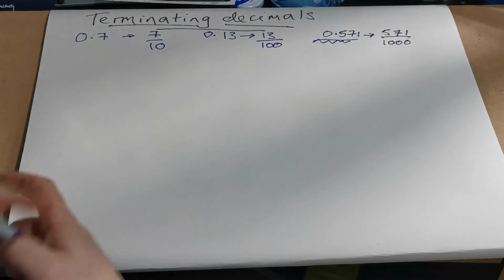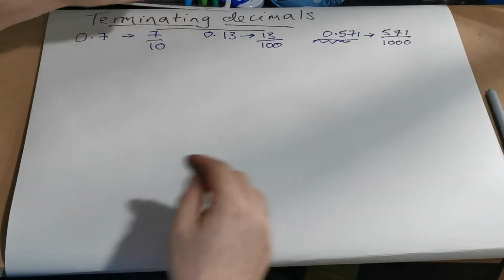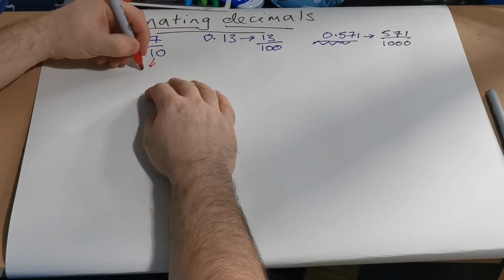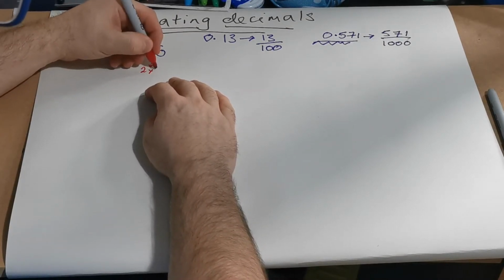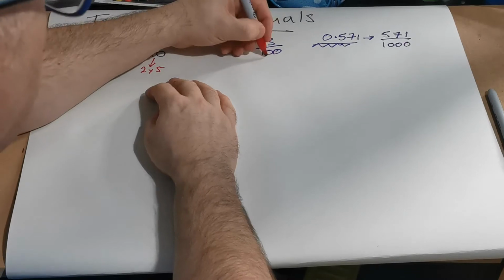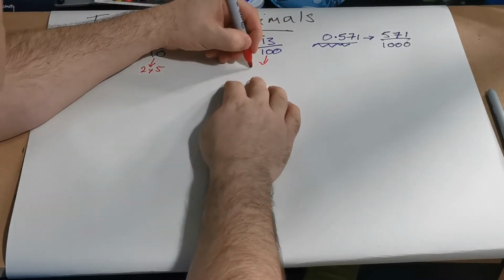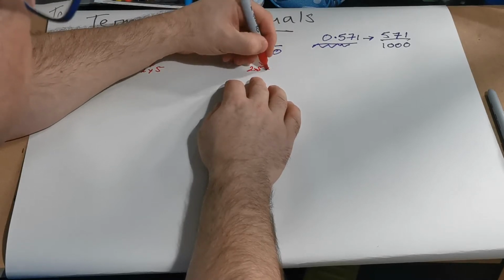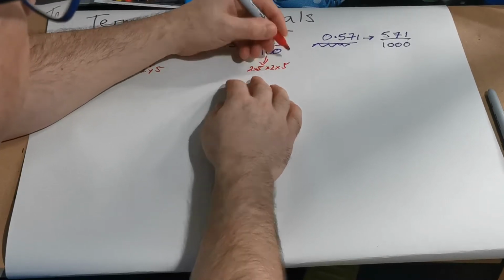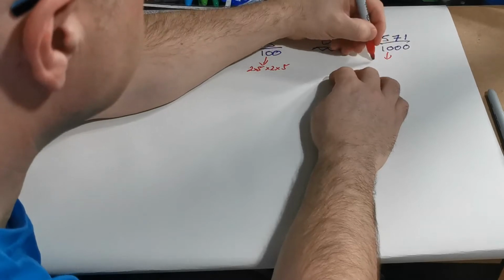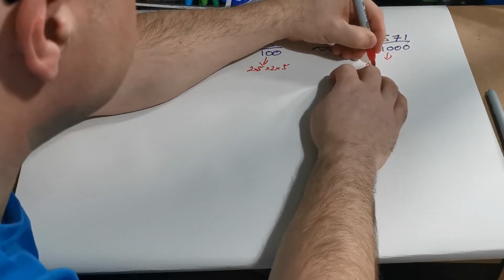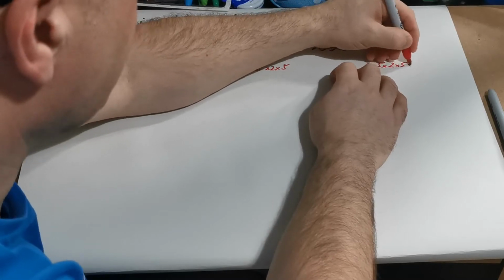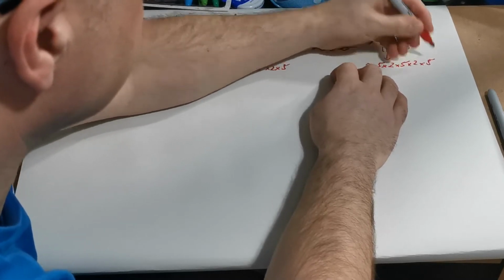Now, what I'm interested in is the denominators. Now, this one is 2 times 5. Now, this one here is 10 times 10, which is 2 times 5 times 2 times 5. And this one, 10 times 10 times 10, is 2 times 5 times 2 times 5 times 2 times 5.